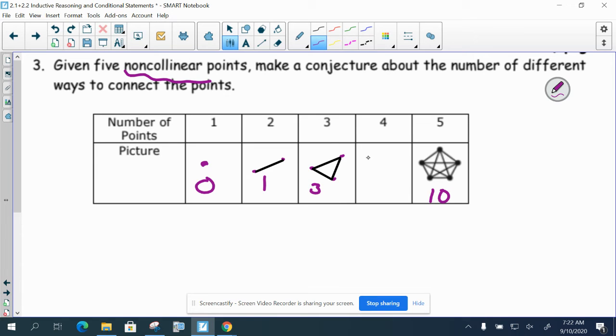And then how about with 4? 1, 2, 3, 4. So 1, 2, let's do the outline, 3, 4, and then let's try the diagonals, 5, and 6.